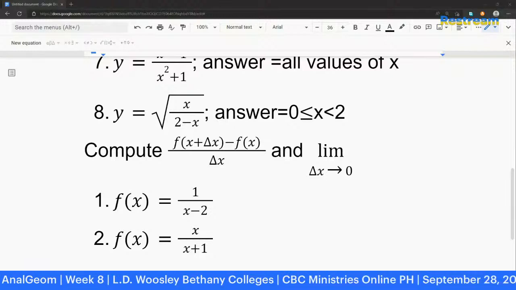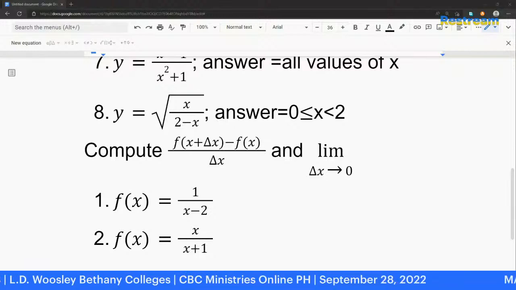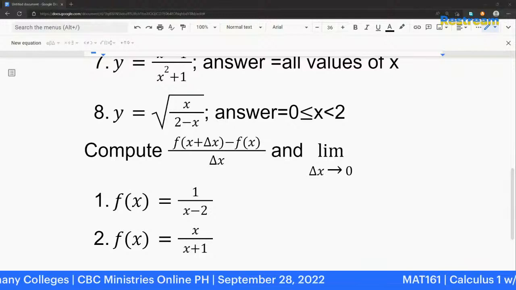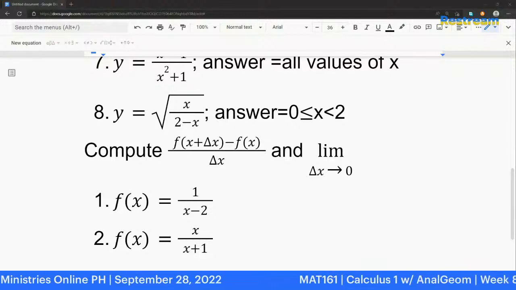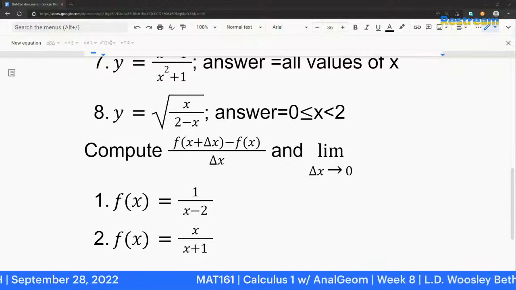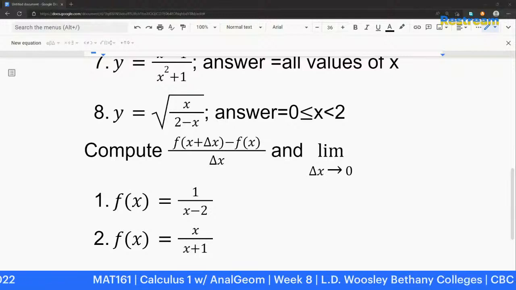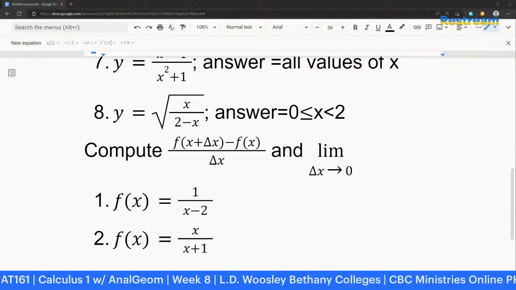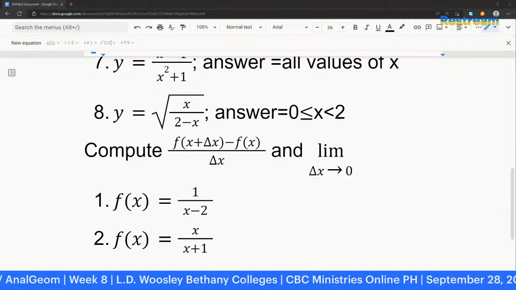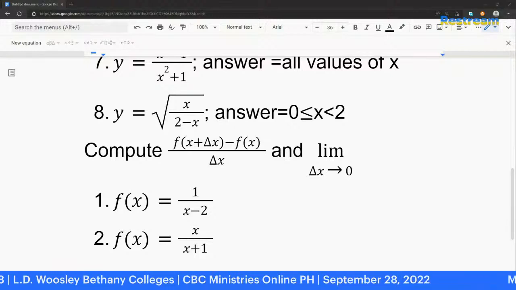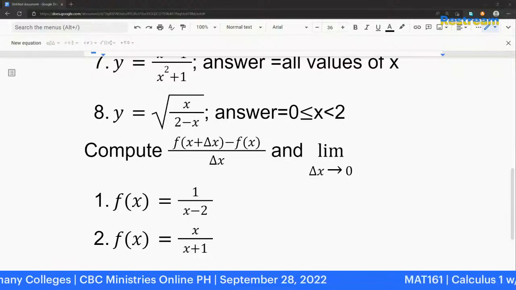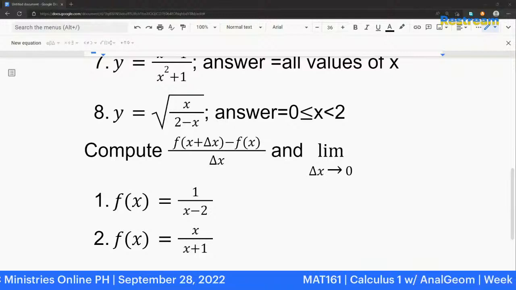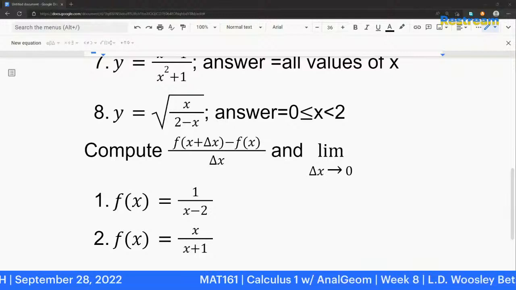Sige. So, hindi kayo magkasundo ng sagot. Sir, letter A, 1. B, negative 2. C, negative 1 half. D, ano yung D? 1. None of the above.